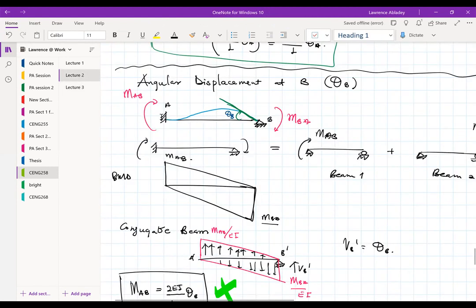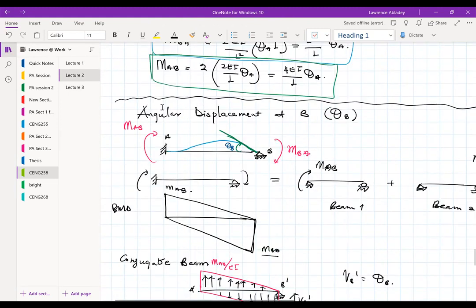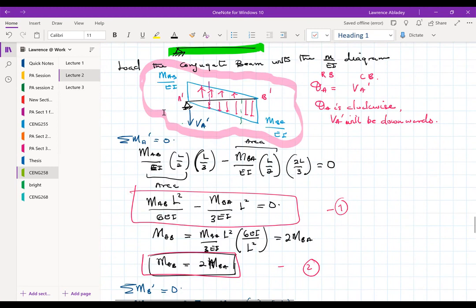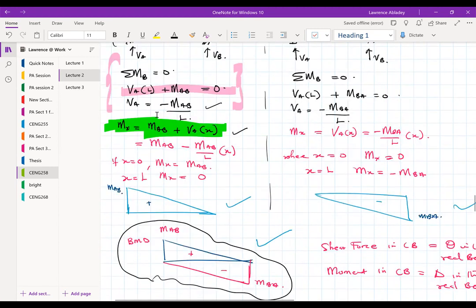Okay, so this one is clockwise. They all have to be in the same direction, clockwise. Let me check the other one too. Okay, here you are. So they both are, that's good.